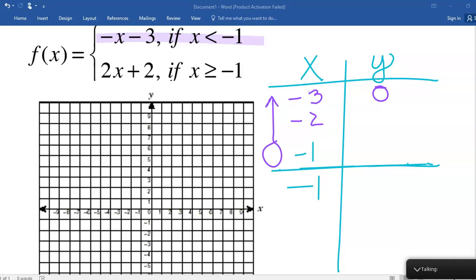At -2, a minus becomes a +2. 2 minus 3 is -1. And negative and -1 becomes 1. 1 minus 3 is -2. So the point -1, -2 is open on my graph.